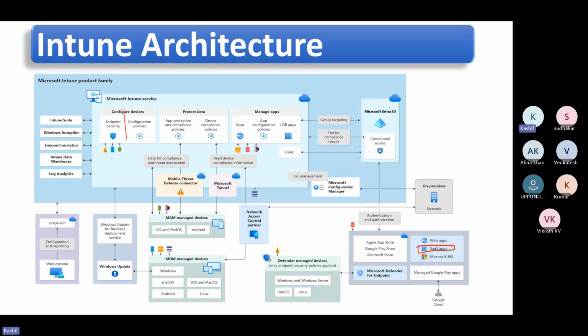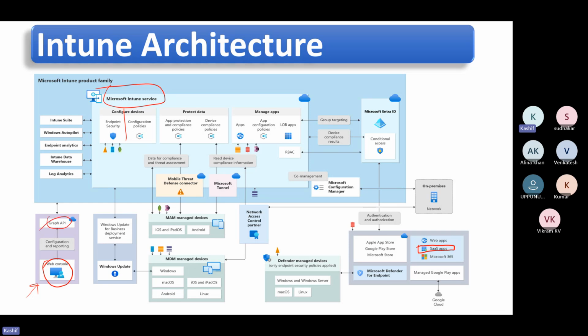So this is your high level Intune architecture diagram, wherein when you create your account, you get web console. Through web console, you will be able to access Intune services. So basically Intune services is running in the backend on Azure data center. Whatever changes and configuration you do through web console will get recorded, and it will be passed on to Graph API.